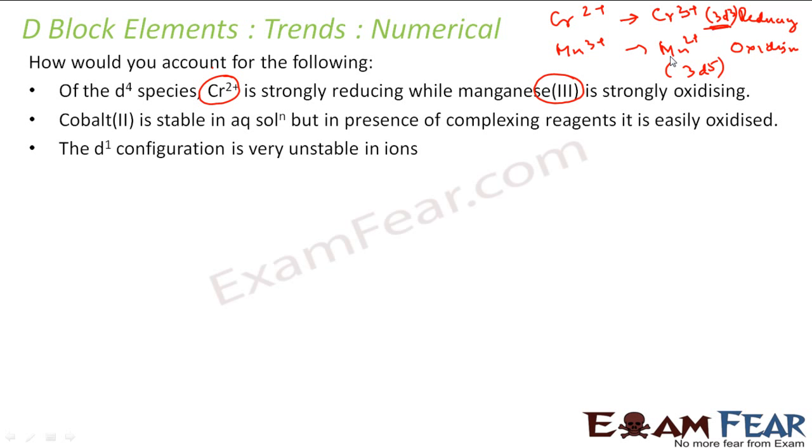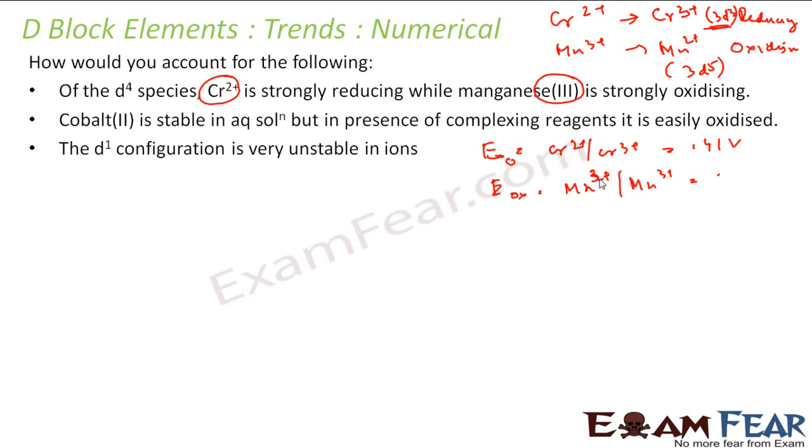We can also answer this question based on the value of E naught. E naught of Cr3+ to Cr2+ is -0.41 volt, and E reduction of Mn3+ to Mn2+ is 1.57 volt.